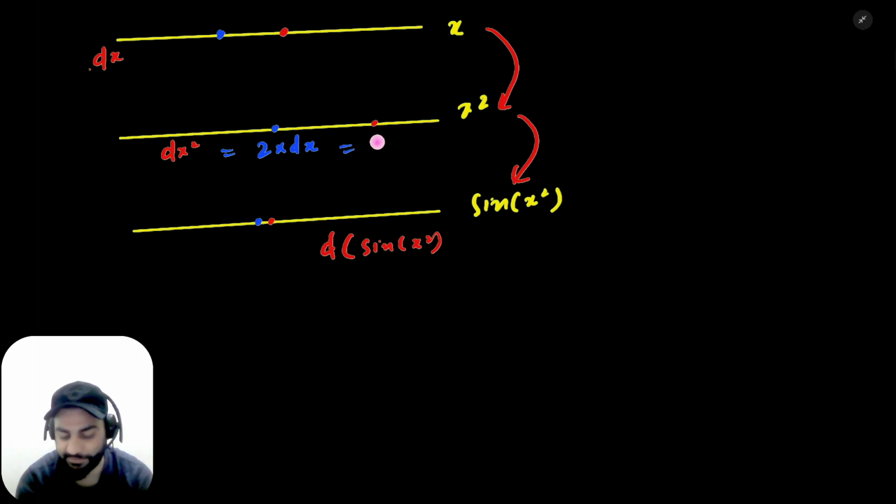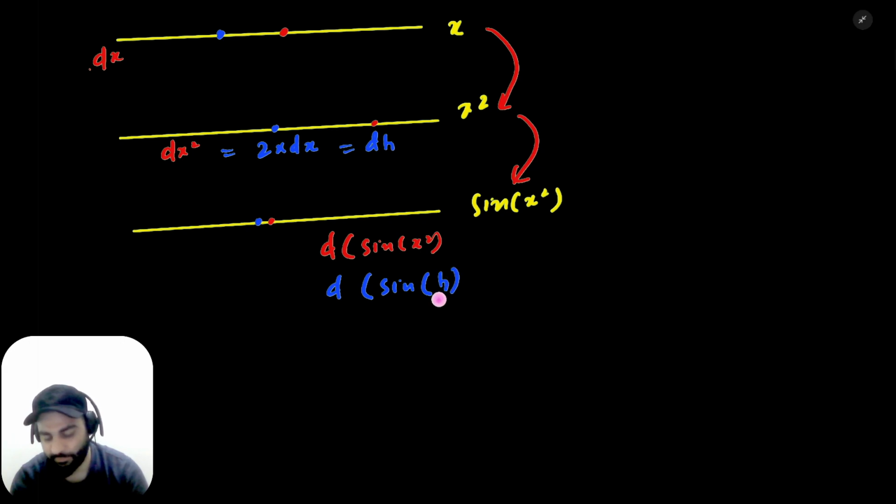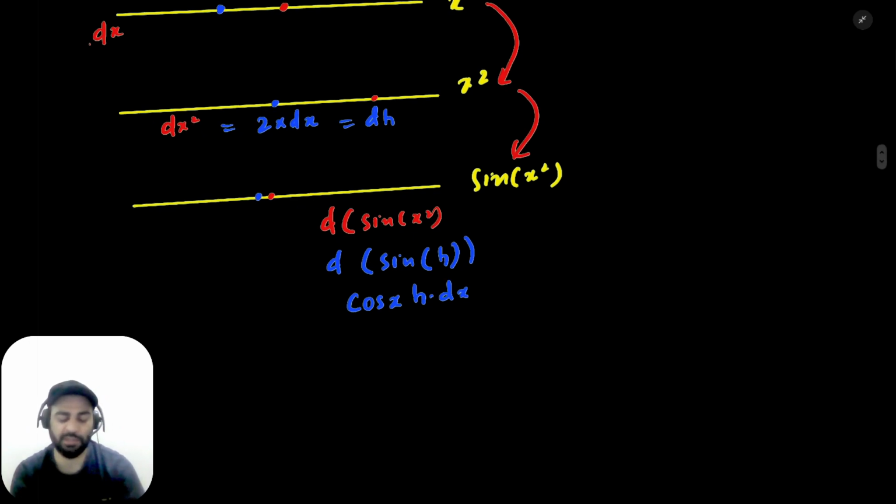Let's call this dh. Now I can rewrite this as d of sine of h, since x square has been changed to the function h. So the change in sine of h is basically cos of h dh.